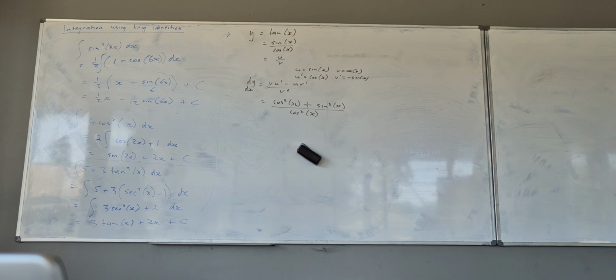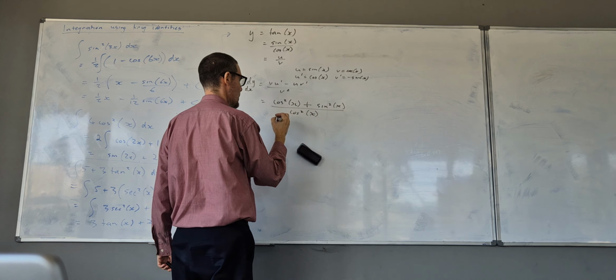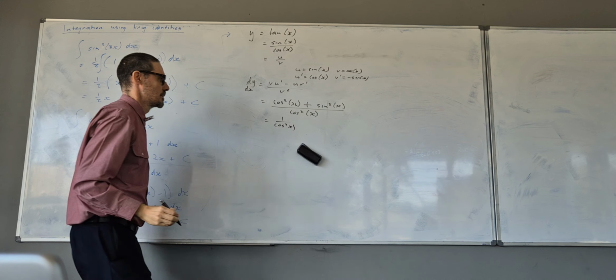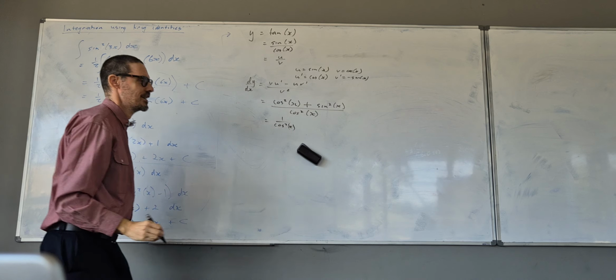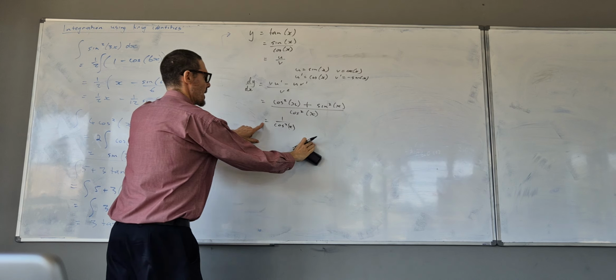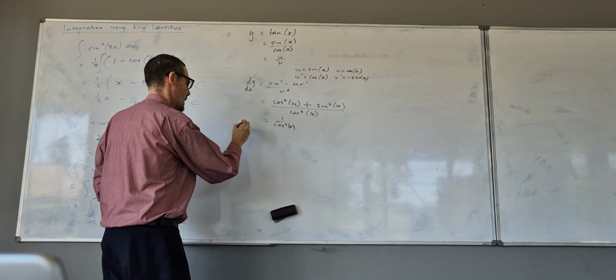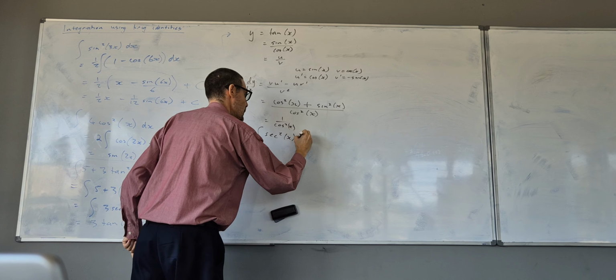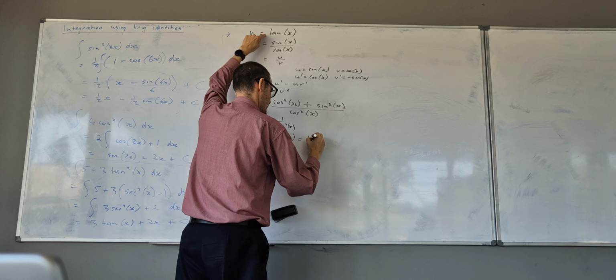Sorry? No, just ignore me. Okay. Yeah. What's on top of this fraction? So what's on top? Cos squared plus sine squared? Which is sec squared. So therefore the integral of sec squared x must be tan x.